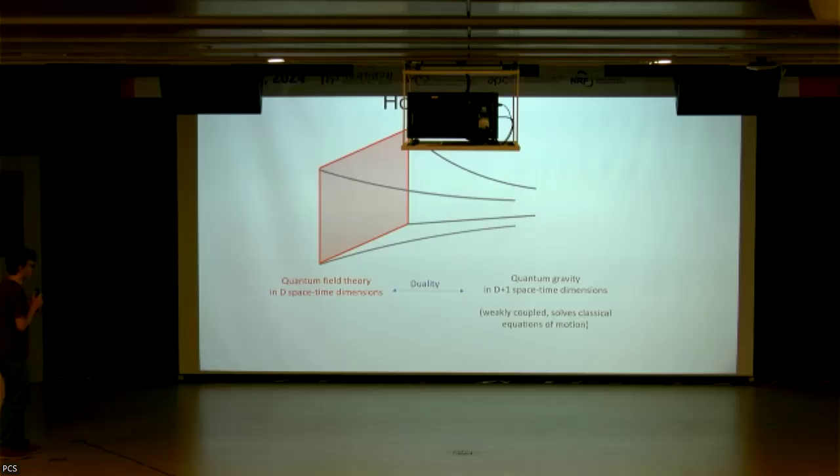The interesting case for us is where the quantum gravity theory is weakly coupled, because then you basically just solve classical equations of motion, like Einstein equations for the metric. This duality is a weak-strong duality: the weakly coupled limit of the quantum gravity theory is dual to a very strongly coupled quantum field theory. So this is a way to access the physics of strongly coupled quantum field theories via duality to a weakly coupled system.